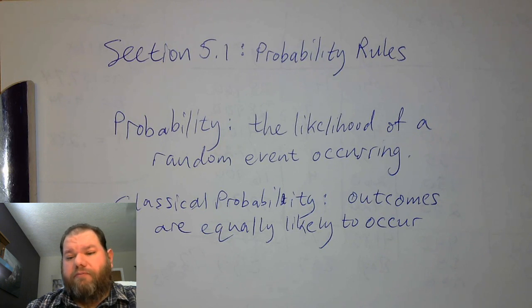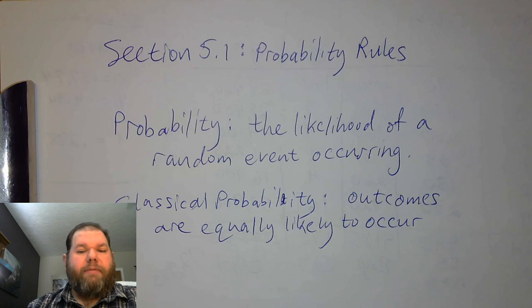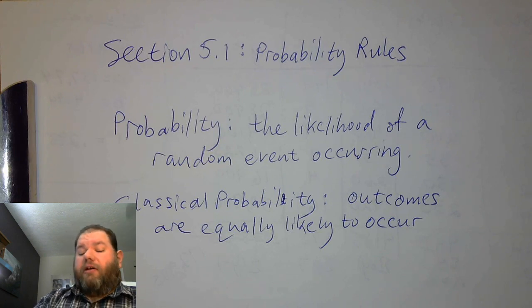If we have numbers 1 through 10 in a hat, on unfolded slips of paper, and we choose one at random, we know they're equally likely to be chosen. So in that scenario, that's what we call classical probability, and we can easily predict the probability of different events that could happen there, and different combinations of events that could happen there because of that.